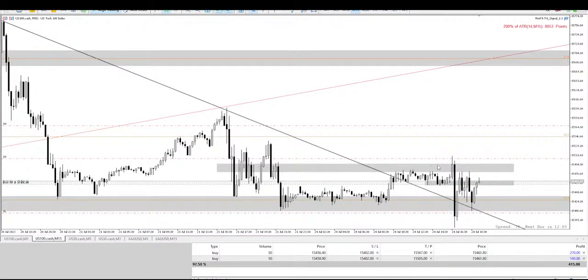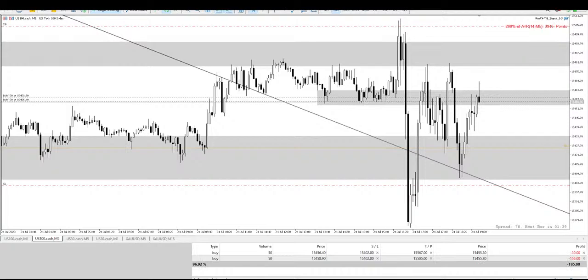TP1 is only 4,600. Ah, fuck. What's going on here? Sorry guys, my internet just cut out. Am I still coming through? Can you guys see in here?